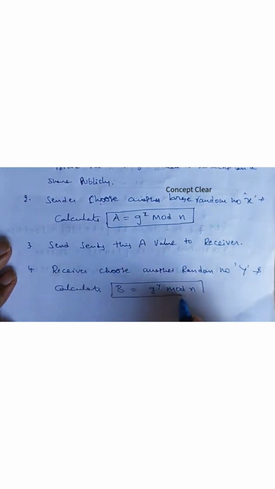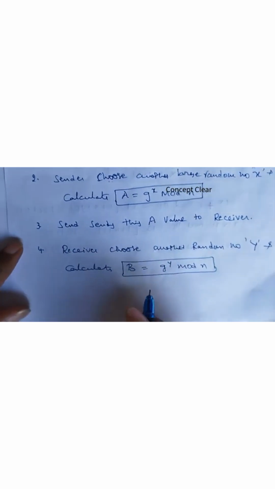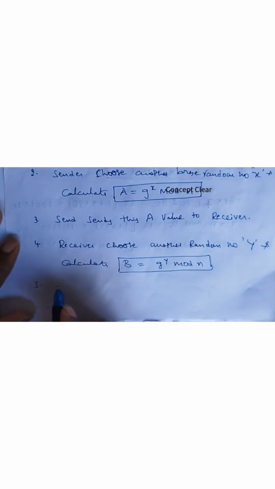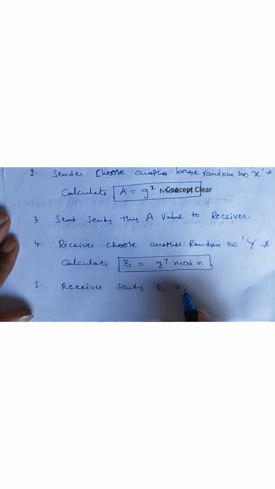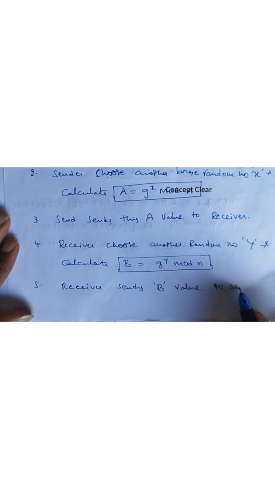He will calculate the b value. Next, again the receiver sends the b value to the sender.